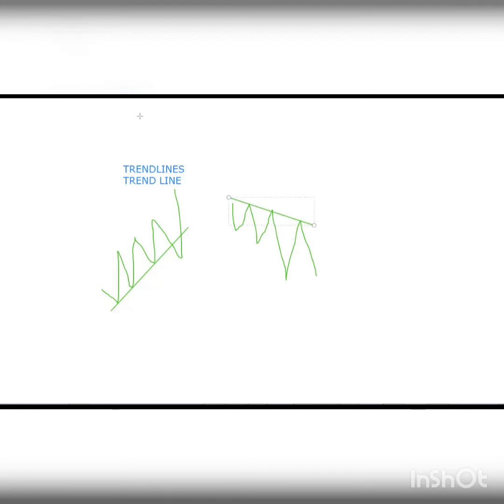Before we continue, some of you might be asking yourself, how can I draw a trend line? I want us to pay attention here, very important. Basically, to draw a trend line, we just have to do two to three things.